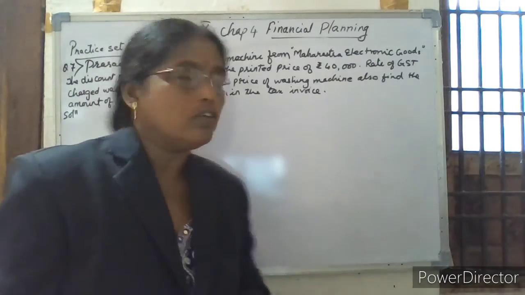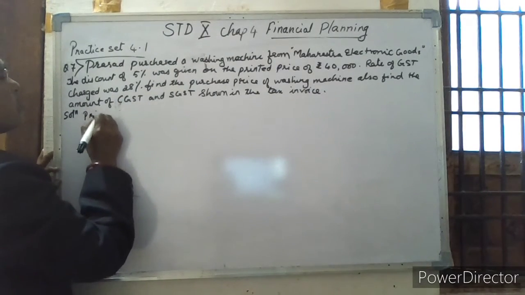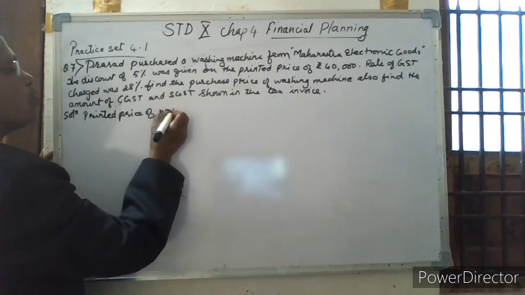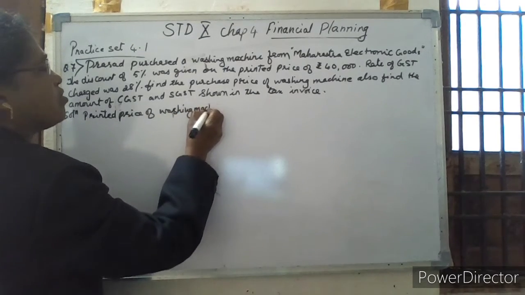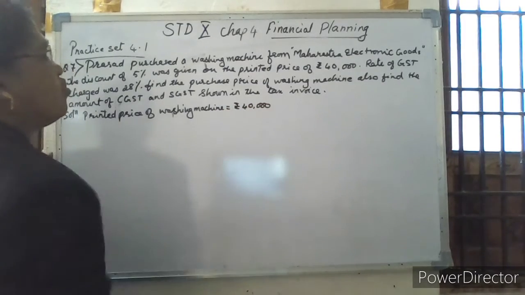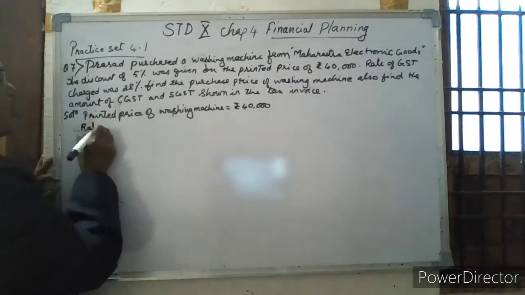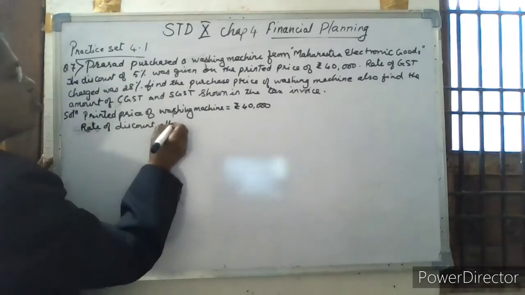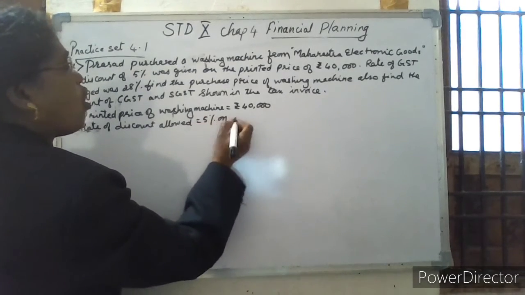So let us solve this. Printed price of washing machine is equal to rupees 40,000. Rate of discount allowed is equal to 5% on printed price.